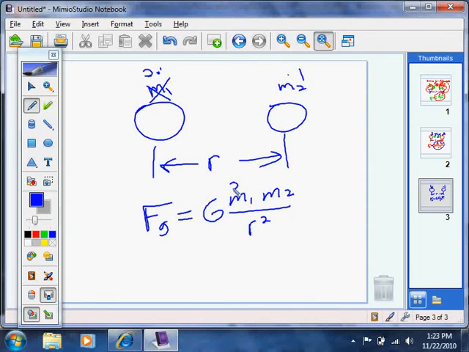If one of the masses is times 2, the other mass is times 1, the new force would be twice as great. So whatever the force was before, F sub g, the new force would be 2Fg. So that's the relationship between the masses and the force.